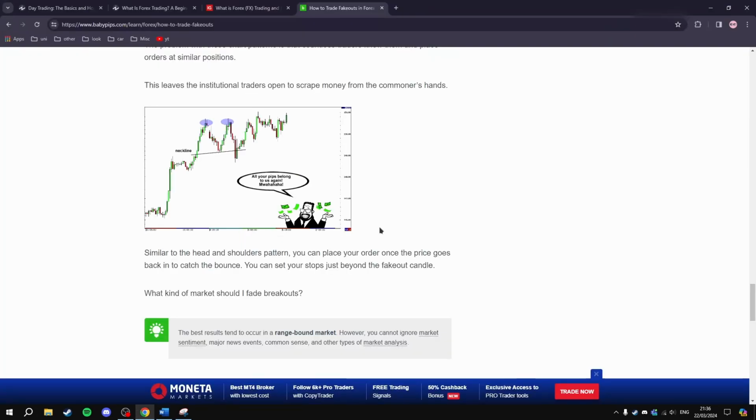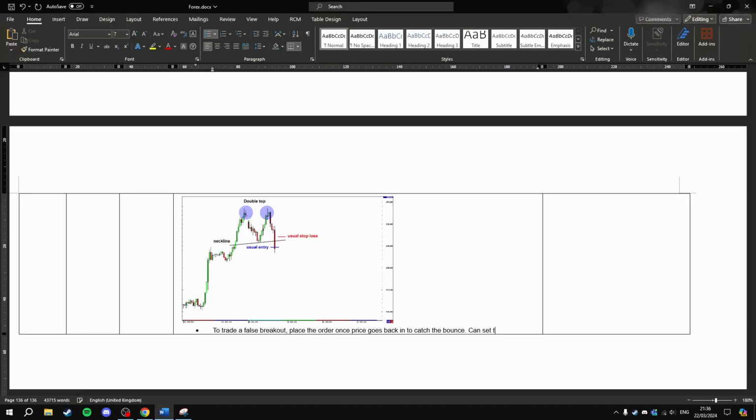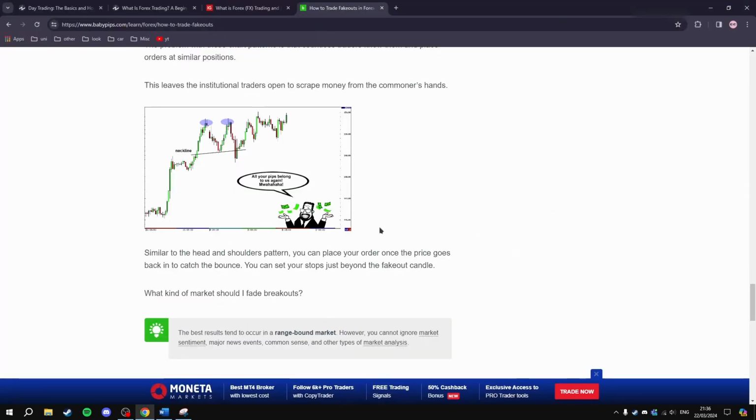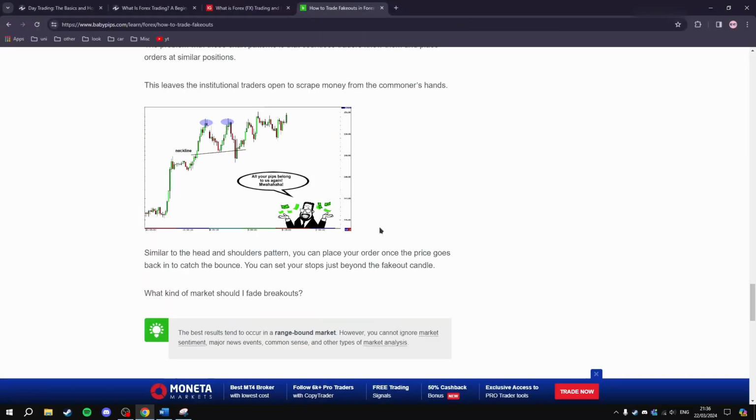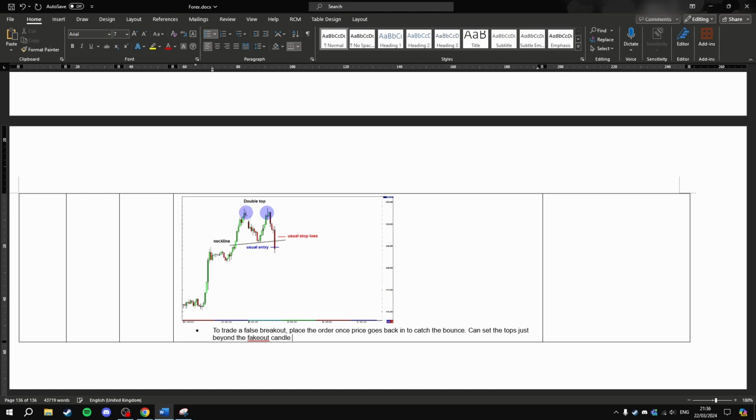Can set the stops just beyond the fake out candle.